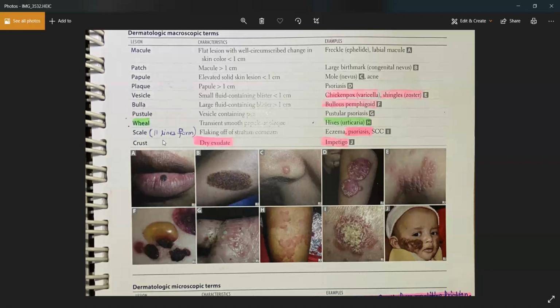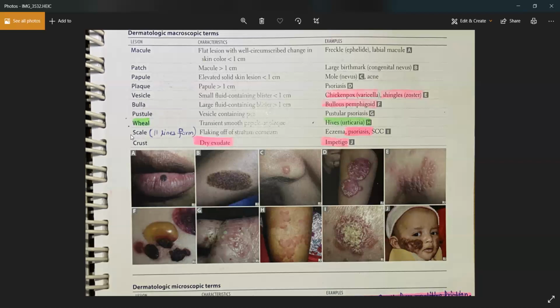So whenever you get a plaque-like thing, and over that plaque you're having these parallel lines, that means in the exam they're talking about the scales, right?